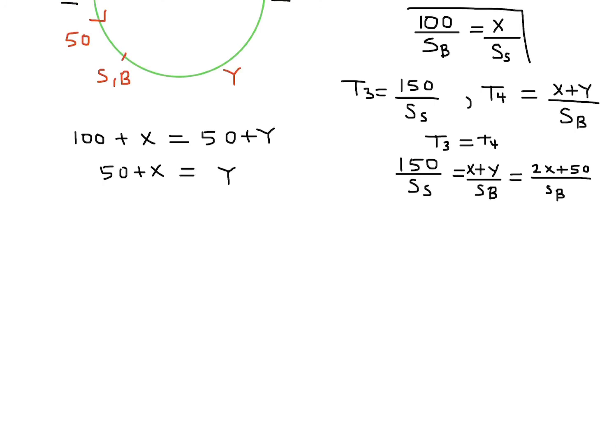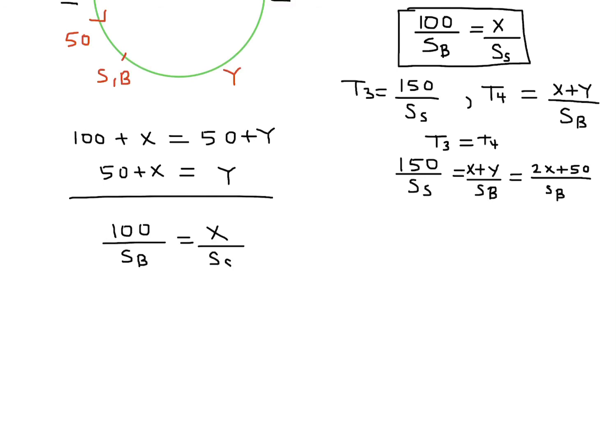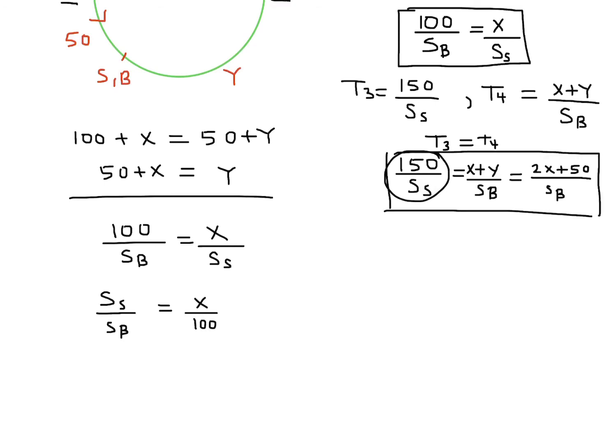So from the first equation we got, we can use that to basically cross multiply. 100 over SB is equal to x over SS. So we can cross multiply. We get, let's see, SS over SB is basically x over 100. And then we can do very similar with this guy here. Using this and this, we'll get 150 over the speed of Sally is equal to 2x plus 50 over the speed of Brenda.